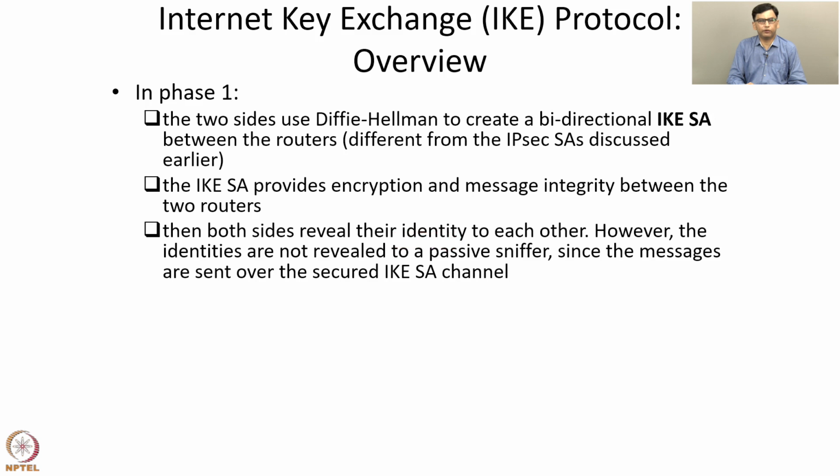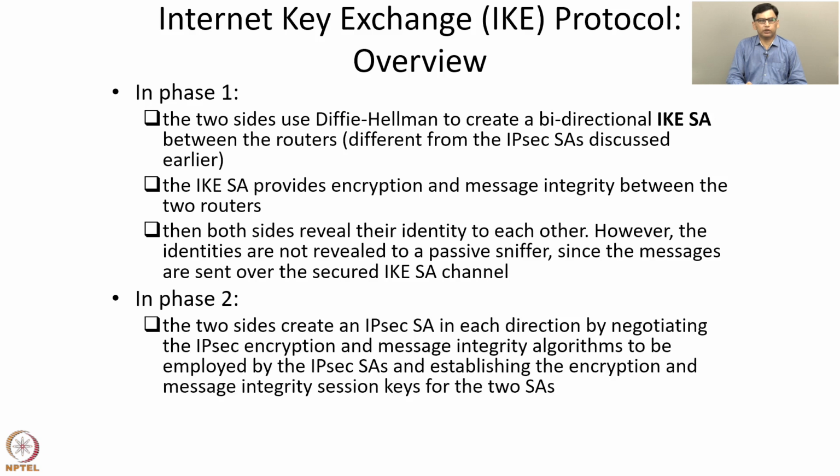One form of identity is the IP address, but here we don't mean the IP address. Typically, the two entities that communicate using IPsec have another identity apart from the IP address, such as an email address. This other identity is protected via the encryption that is used as part of the IKE security association. So first this secure channel is created, and then the identities are revealed.